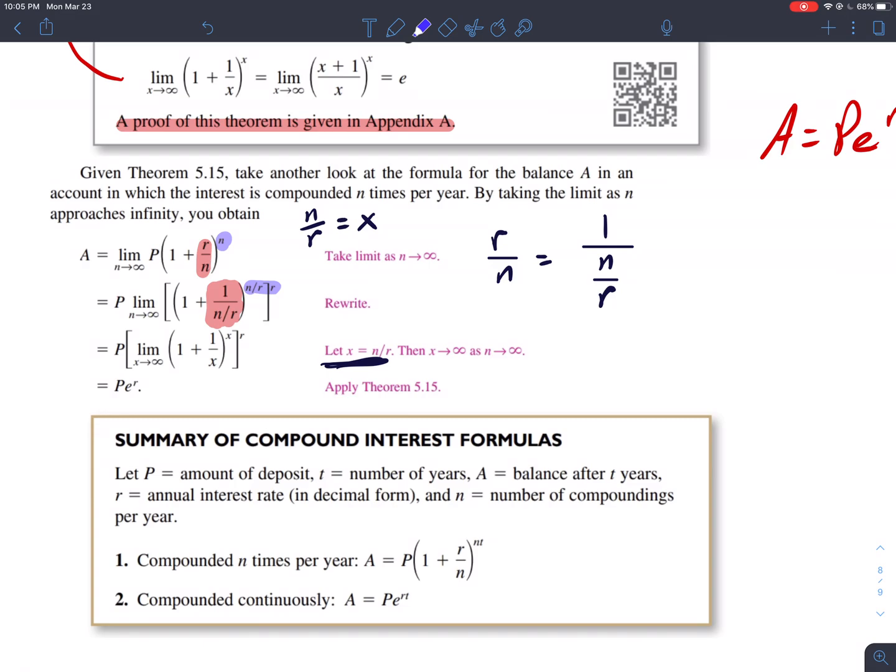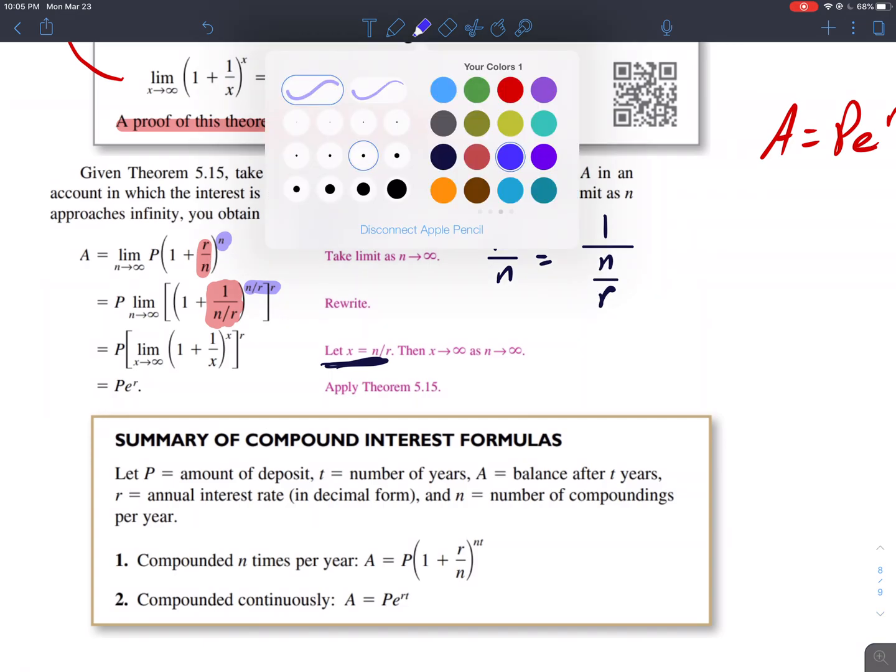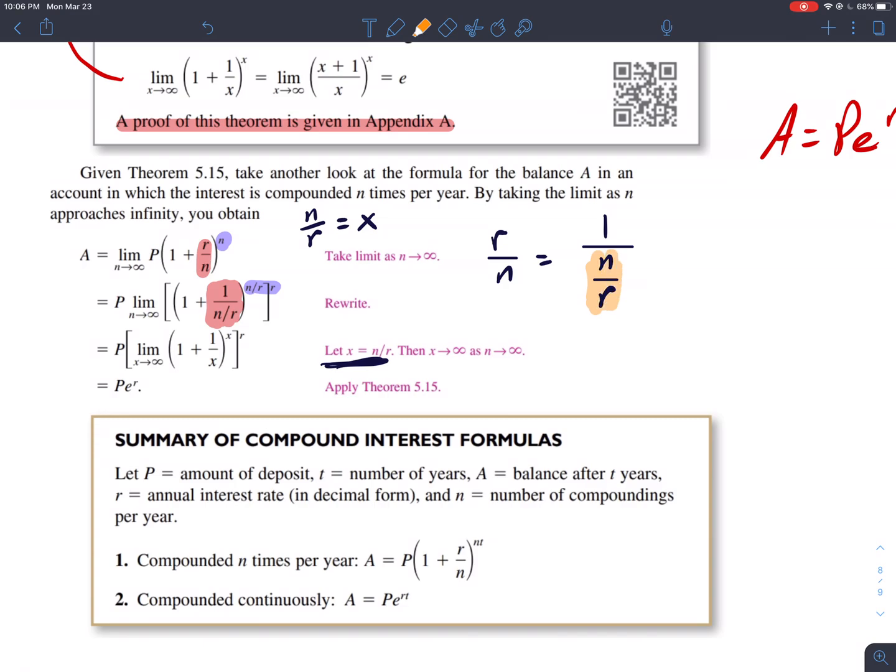Then if we say that n over r is in fact equal to x, well then we can replace the 1 over n over r with 1 over x. And then we can replace the n over r in the exponent with x.